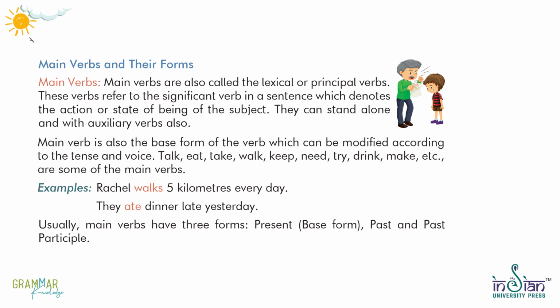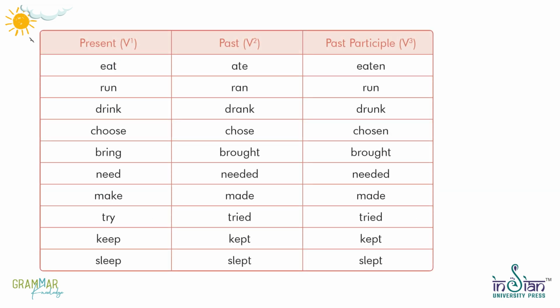Usually, main verbs have 3 forms: present, or base form, past, and past participle. Present, V1. Past, V2. Past participle, V3. Eat, ate, eaten. Run, ran, run. Drink, drank, drunk.